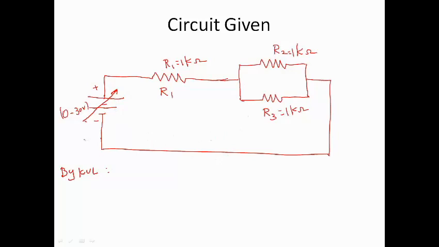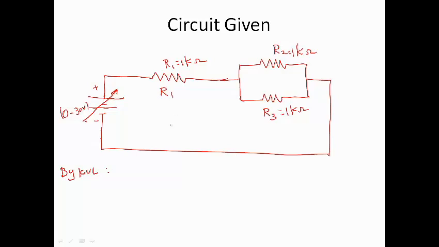Okay, so how to measure those voltages? Practically, to measure those voltages, you need to connect a voltmeter in parallel to the 2 points across which you want to observe a voltage. Basically, voltage is a potential difference between 2 points.